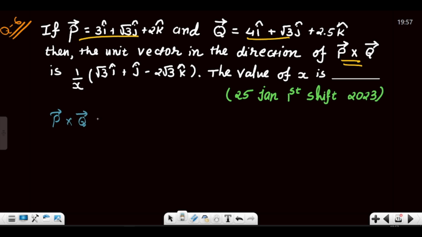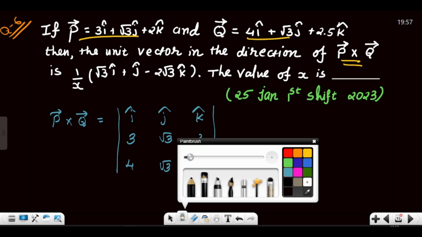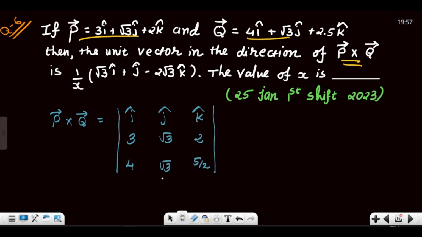P cross q equals to the determinant with i cap, j cap, k cap, 3 root 3, 2, 4 root 3, and 2.5 is 5 by 2. It is equal to i cap covering this line and this line.